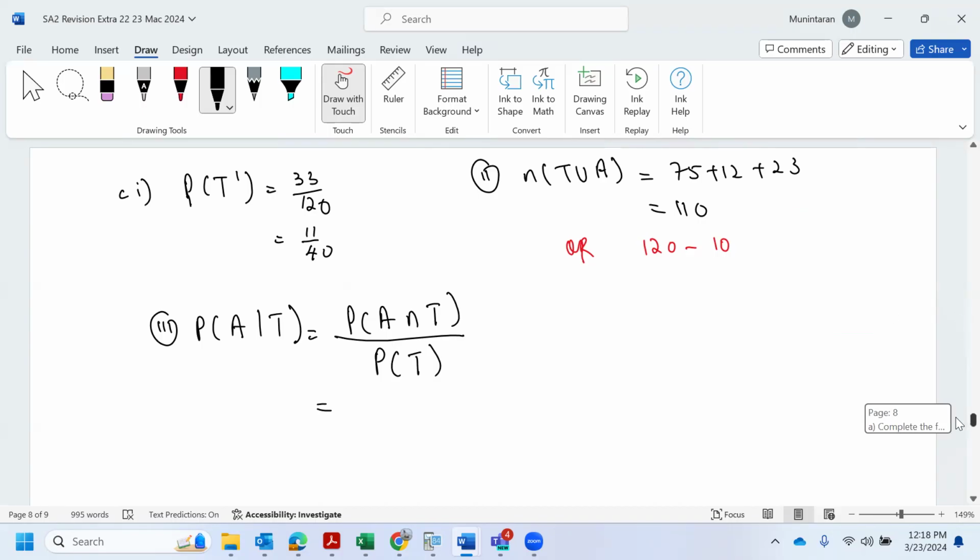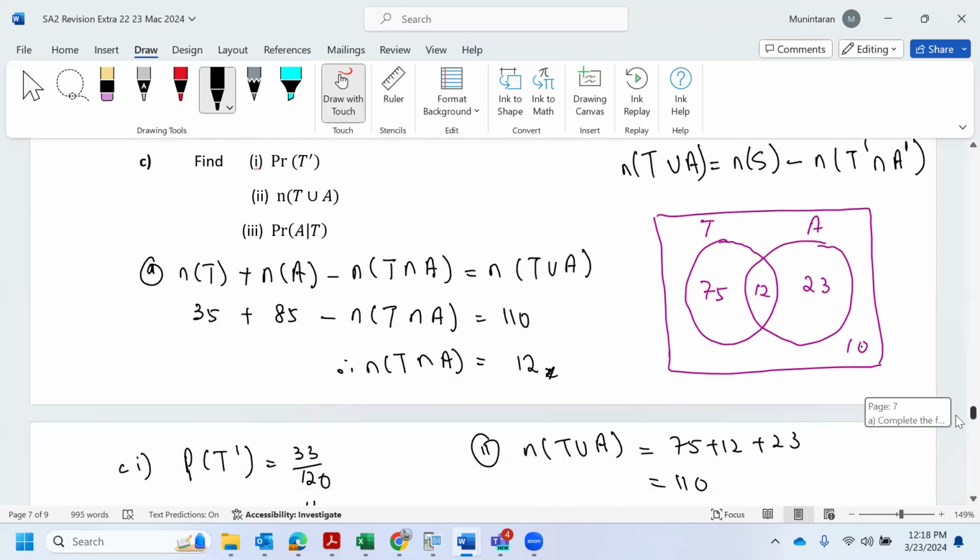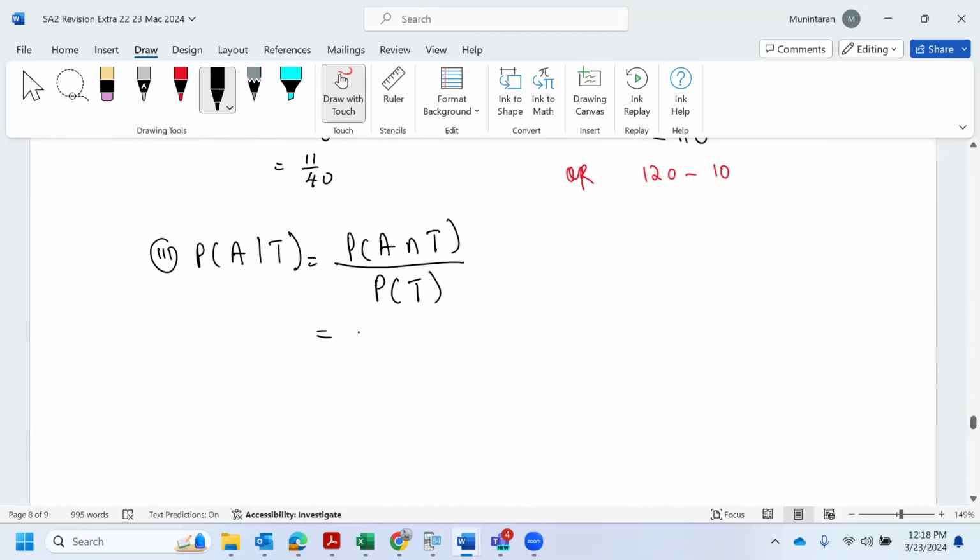Looking at the Venn diagram, you just look at T. Out of the T, only 12 are shared with A. So the overlap is 12 divided by T, so it's 12 over 87. I think that's the simplest form.